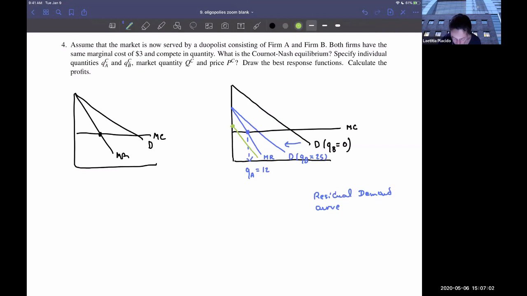And that's the new curve I'm going to face. Okay, so that's the new demand when QB equals 50. Okay, so how do I determine optimal quantity in that case? Well, if I believe that firm B is going to produce 50, then again, I'm going to look at the intersection between marginal revenue and marginal cost, and I'm going to produce QA equals something less, like 5.